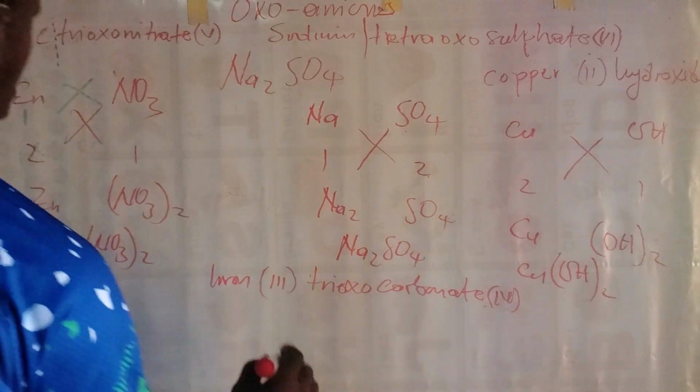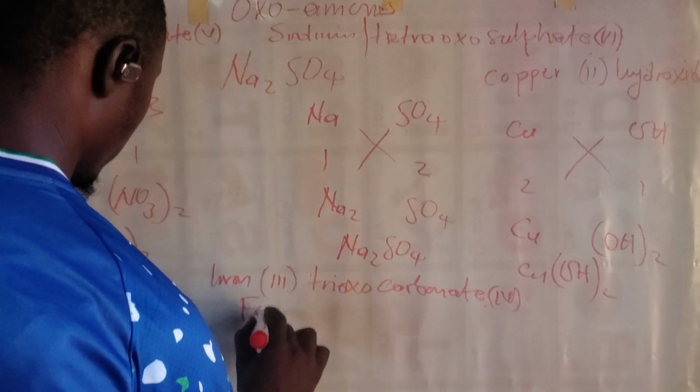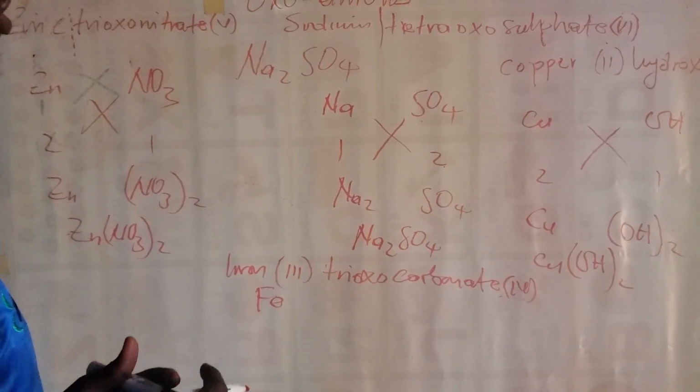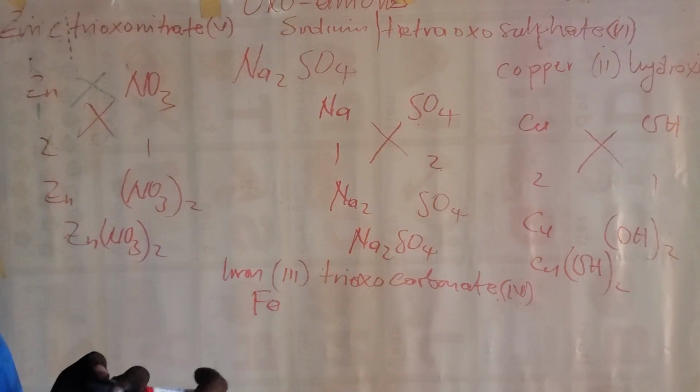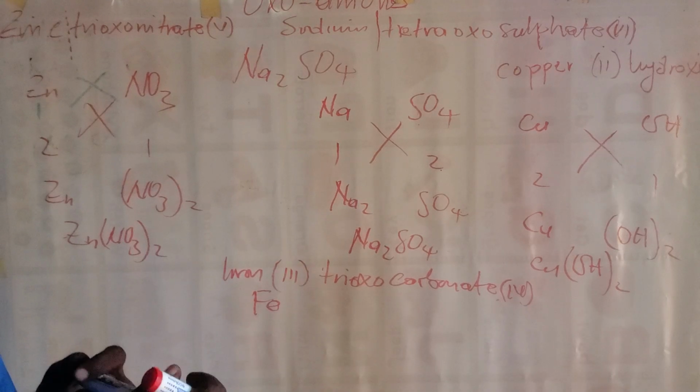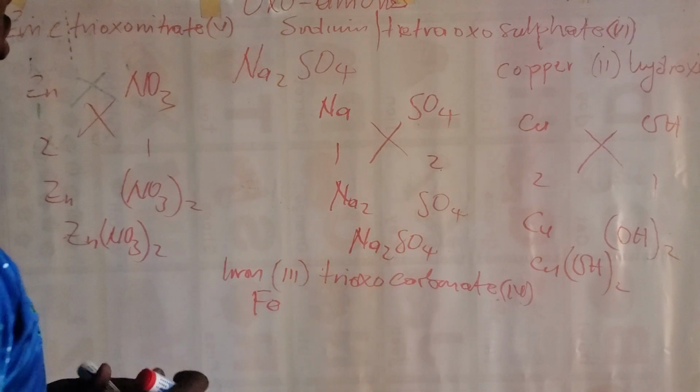The symbol for this one is Fe. And the trioxocarbonate, you have carbon, you have oxygen. But this trioxo simply means you have 3 atoms of oxygen and 1 atom of carbon.